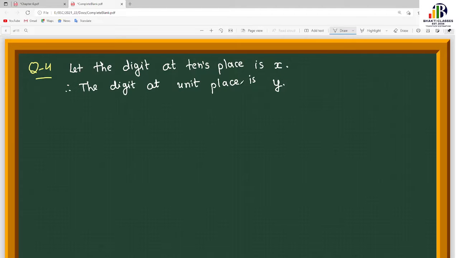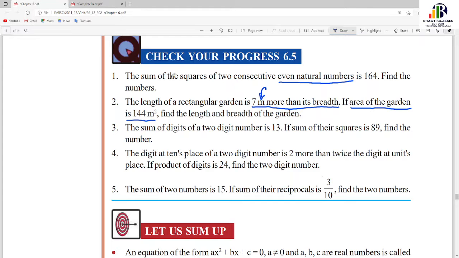So what is the relation between x and y? The tens place of the two-digit number is 2 more than twice the digit at unit place.